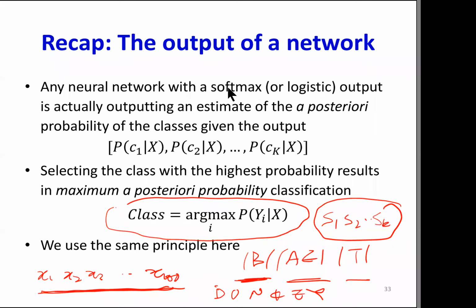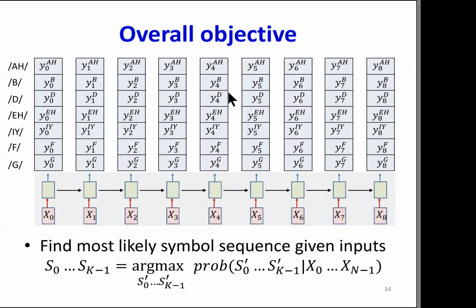The problem we really want to solve is to find the symbol sequence whose probability is greatest given the sequence of inputs. Is this making sense? Questions? Everything builds off this. So if you have any doubts, all right, well, I'll just assume that you get this.